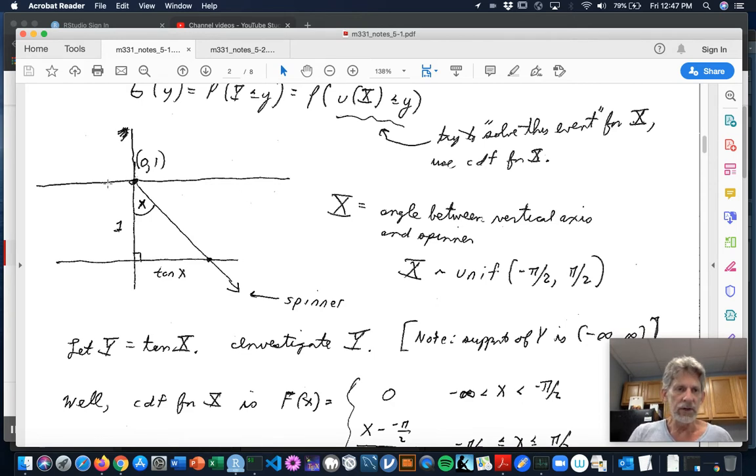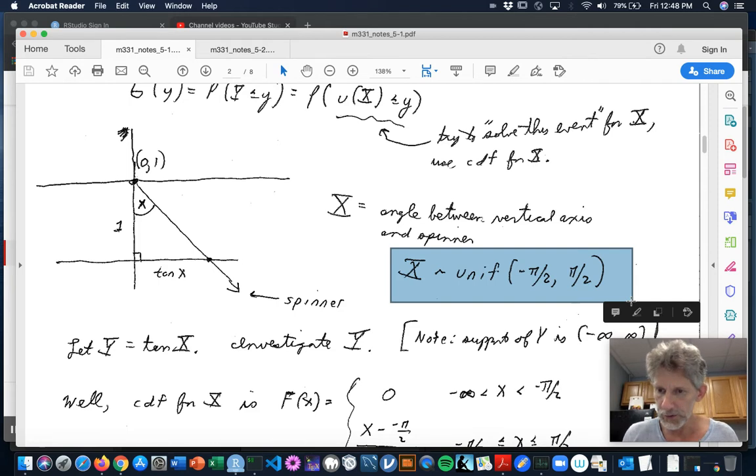And if it landed going straight out to the left, that would be an angle of negative pi over 2 radians. Now, of course, the chance that it would land on pi over 2 or negative pi over 2, either one of those, has chance 0, this being a continuous type random variable. So I'm just going to consider the angles in between. And it's equally likely to be any angle between minus pi over 2 and pi over 2. So actually, X has a uniform distribution from minus pi over 2 to pi over 2.